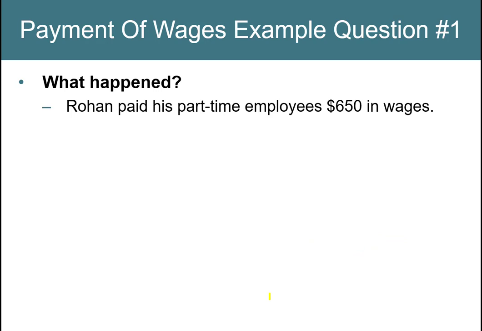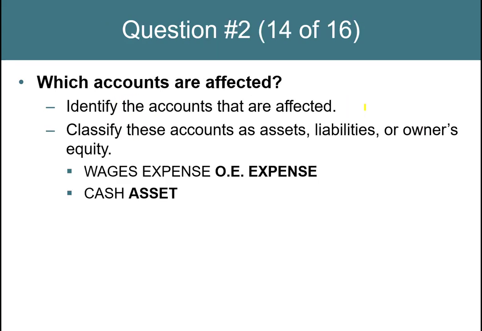The next example is about expenses. Rohan paid his part-time employee 650 in wages. So this is a payment of wages to our employees. When we make the payment, it will reduce our cash and also increase our expense.